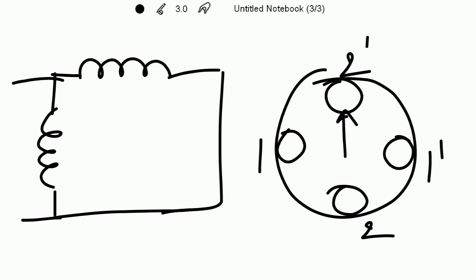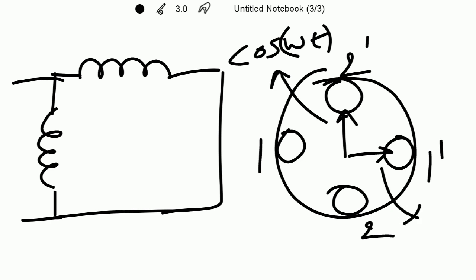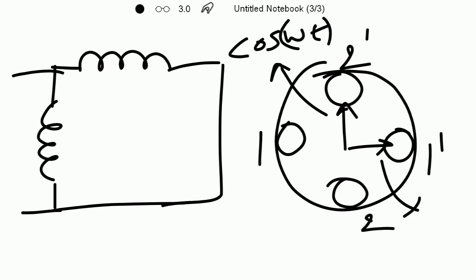One second, let me draw in this way. Yeah, so they got some phase difference. What I mean by the phase difference is, suppose this one is cos omega t, and let's say this one will be cos omega t plus phi. Now we can see there is some phase difference. Let's draw these two fields separately.